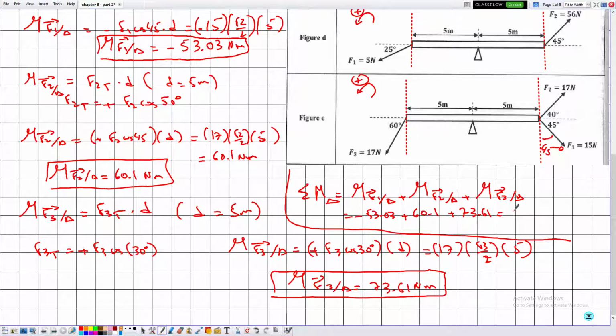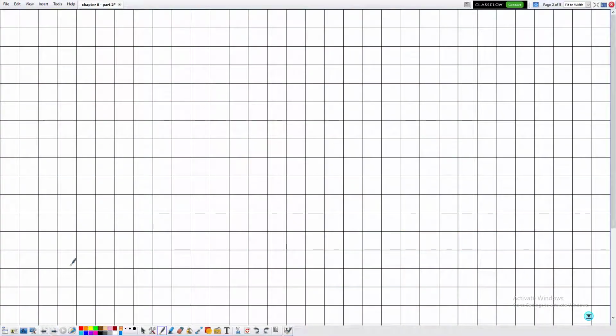On the calculator, this is equal to 80.68 Newton meter. Okay, so this is it for this exercise. Now we are going to discuss section number 2, which is rotational and translational equilibrium.